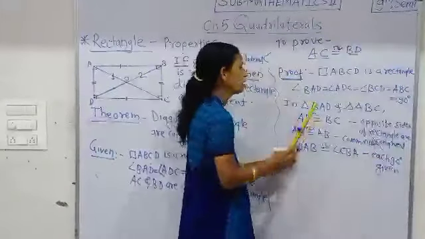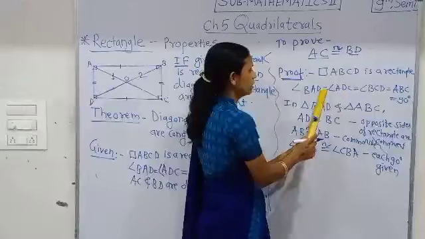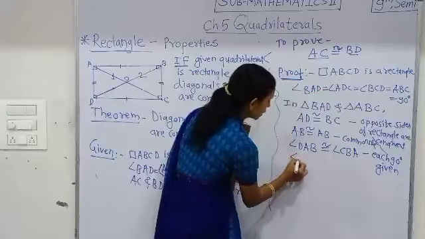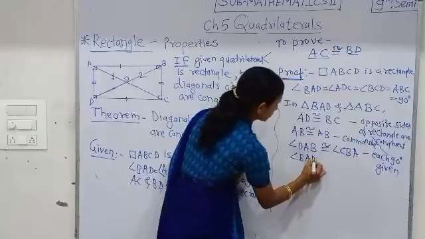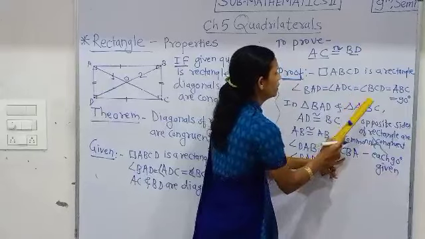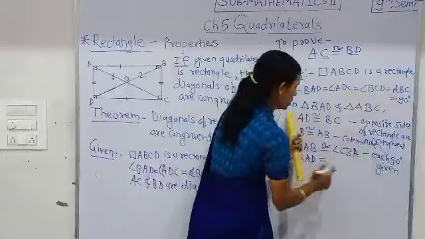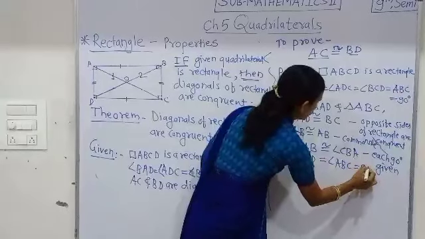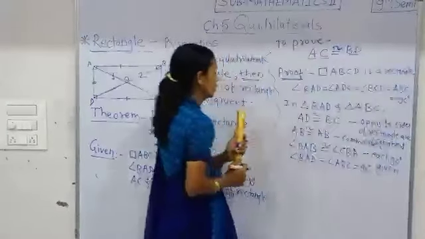Angle DAB means angle BAD, and angle CBA means angle ABC, that is of 90 degrees, that is congruent.